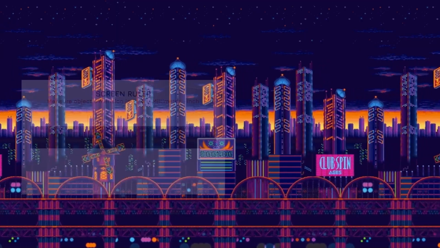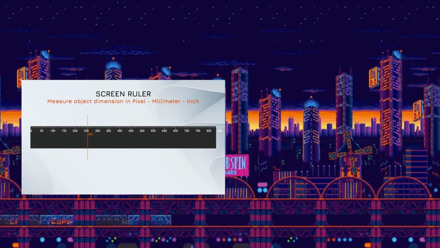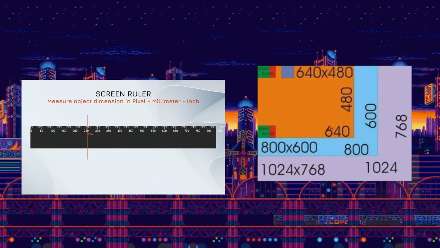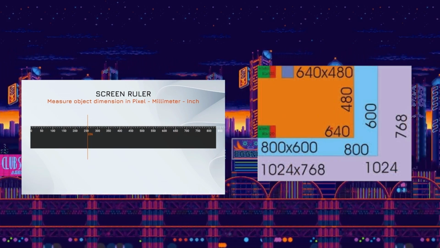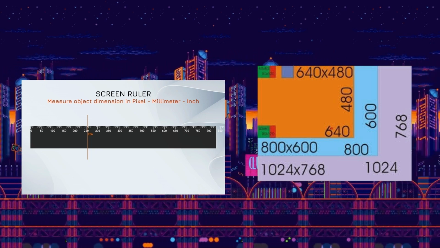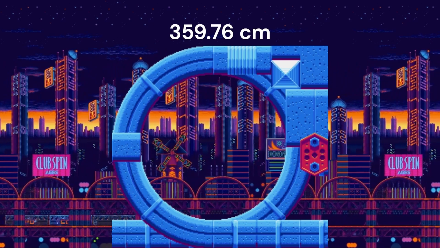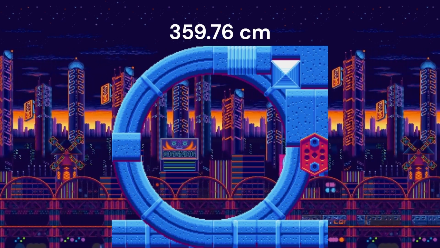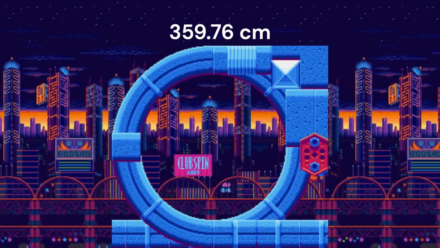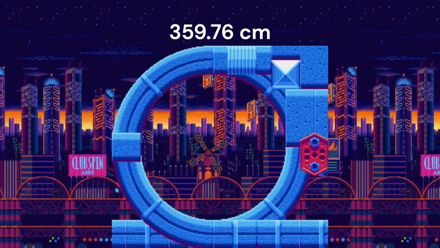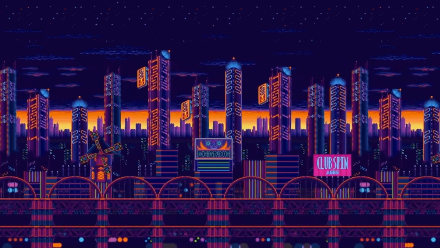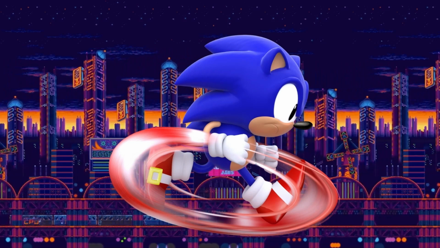Utilizing the height of 91.44 centimeters, as well as the ratios on the computer screen, it was possible to find the height of the loop-de-loop as being 359.76 centimeters in reality. The height being the diameter also meant that we automatically had the radius of the loop as well. The only thing that was missing was the velocity at which Sonic was moving.